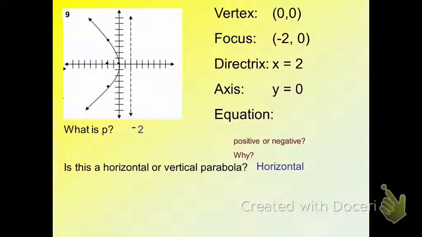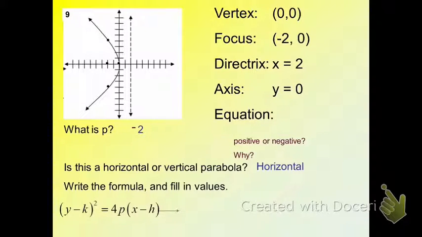So Reese, does the x or the y need to be squared? The y. So see if you can fill in that equation. Make sure that you're not getting overwhelmed with the information you need to do that. Make sure you got that equation. And again, it could also be written in that form right there.